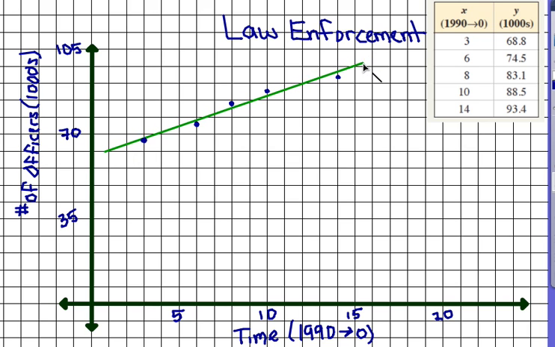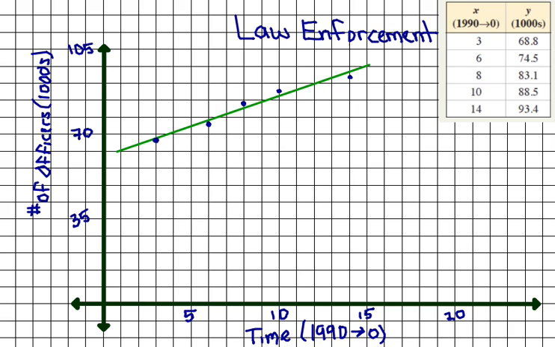Now by best fit, we don't necessarily mean touches all of the points, but is relatively close to all the points. All of our rough estimates are going to be kind of close, maybe not exact, but it'll get us close to these points, and we'll be able to go from there. So this could be an example of a line of best fit. You don't want it to touch all the points. You just want all these points to be pretty close to that line.